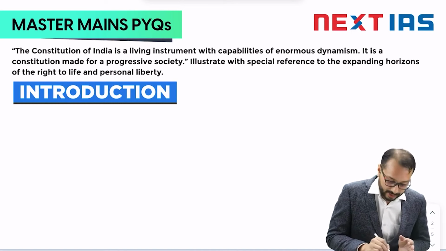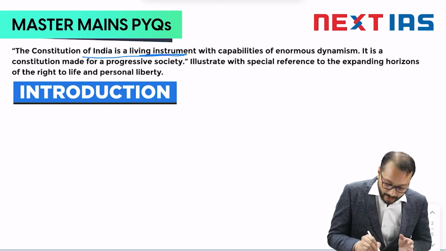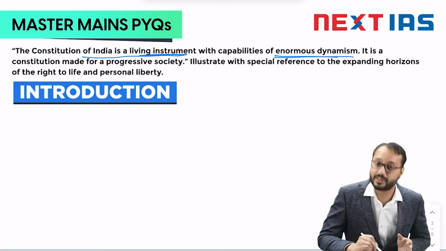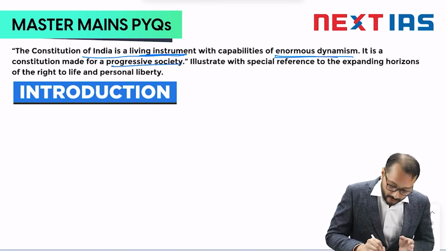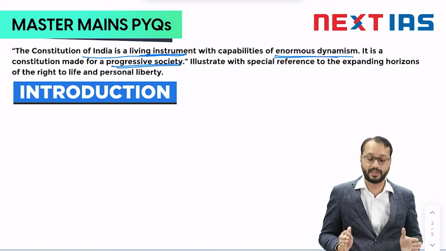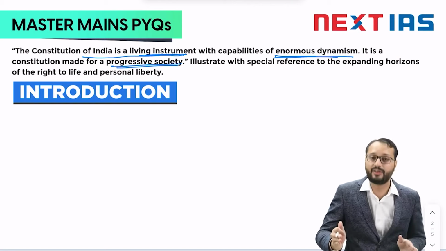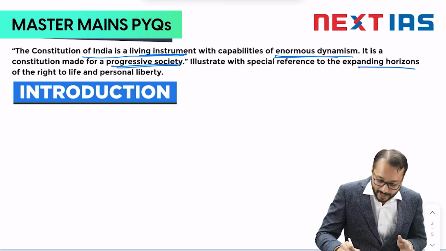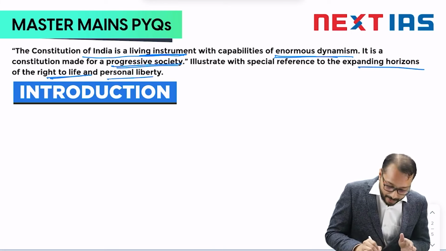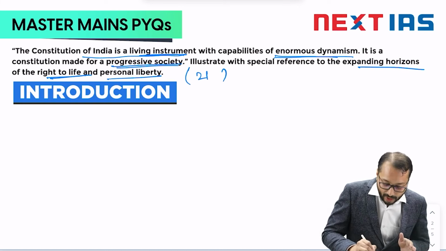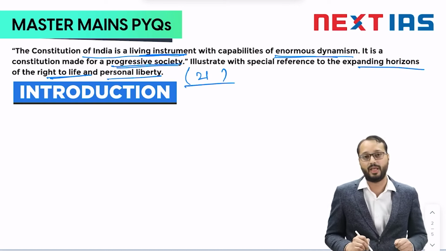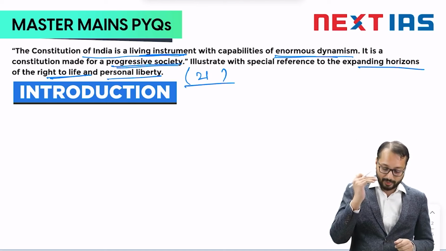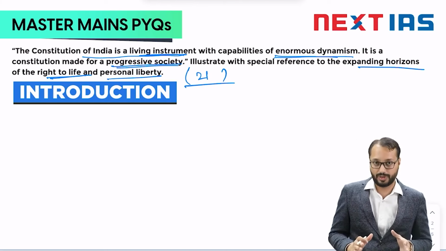There is a context: The Constitution of India is a living instrument with capabilities of enormous dynamism. It is a constitution made for a progressive society. So that is the context. And then you have to illustrate this with special reference to expanding horizons of right to life and personal liberty. That is Article 21 of the Indian Constitution, right? So this is what we need to do in this particular question.